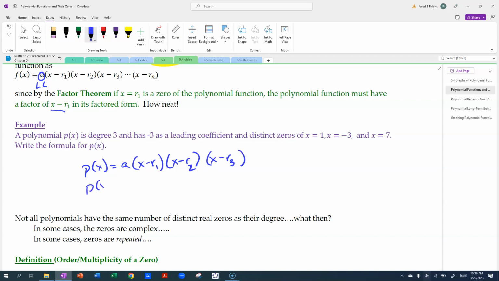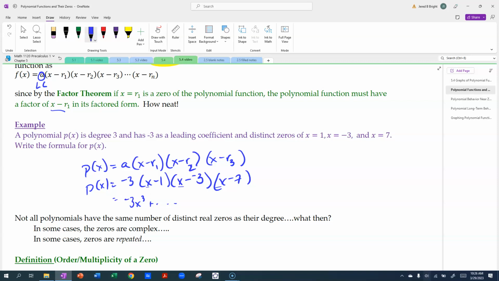So in this case, p of x would just be -3, and then x minus 1, and then x minus a -3, which would be +3 again, and then x minus 7. Okay, and if we were to expand this out, we would get -3x to the third plus something. I'm not so concerned. I just want to make sure that I have a degree 3 polynomial because we have 3 x's. Okay, that's fine.